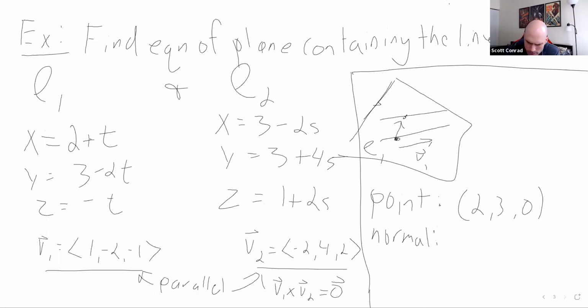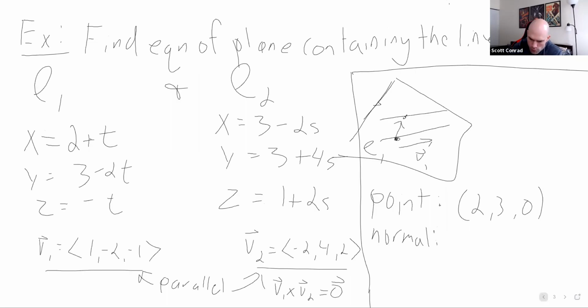So let's just plug in t equals 0. We get the point 2, 3, 0. Plug in s equals 0 into the second line. We get the point 3, 3, 1.